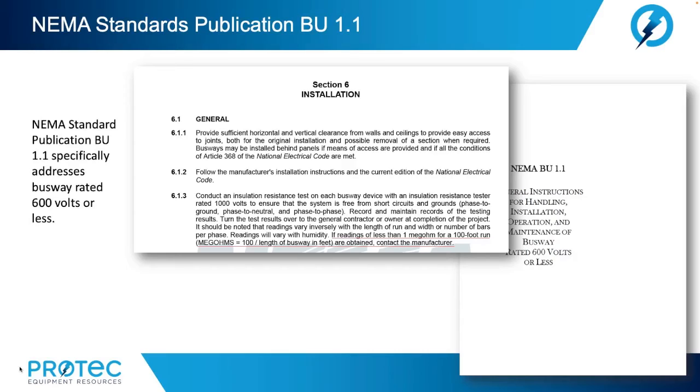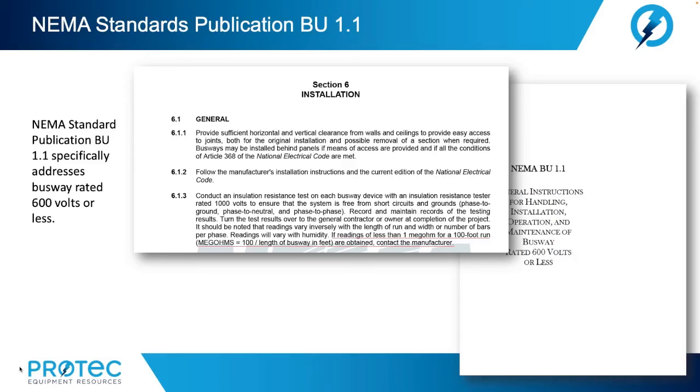Now, let's also look, though, at NEMA standard publication BU1.1. NEMA standard publication BU1.1 specifically addresses busway rated for 600 volts and less. NEMA is the National Electrical Manufacturers Association, so in essence, this is very similar to a manufacturer's recommendation.